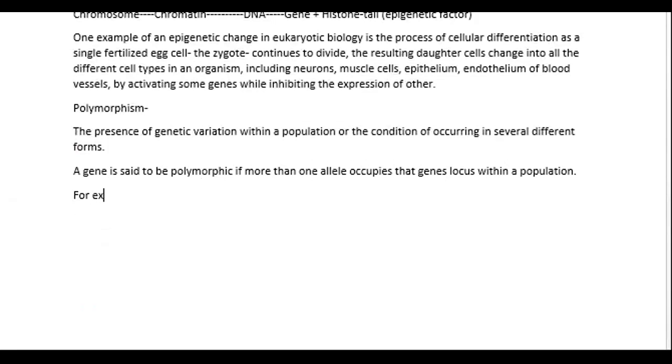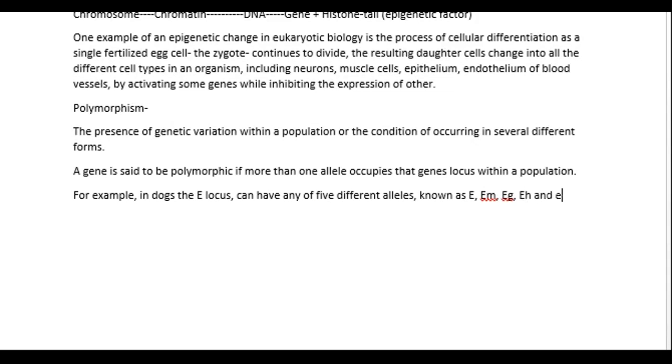For example, in dogs, the E locus can have any of five different alleles, known as E to the power of m, E to the power of a, E to the power of g, E to the power of h, and a small e.